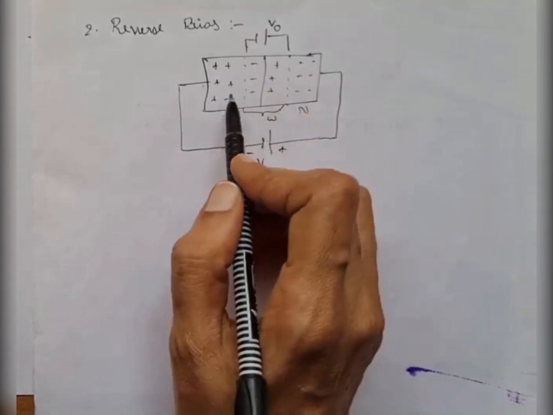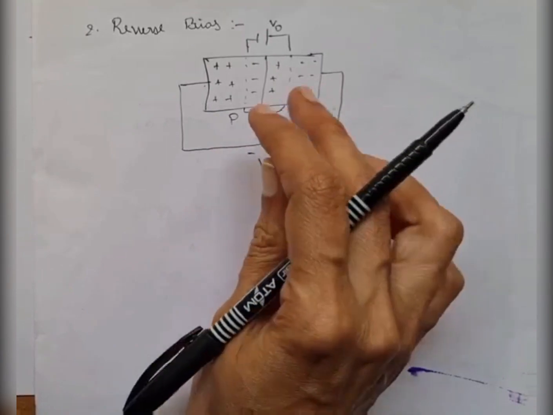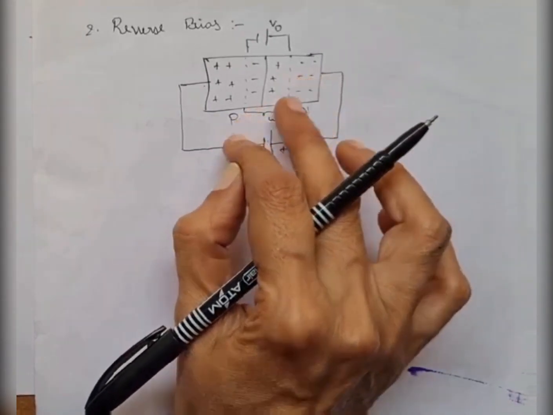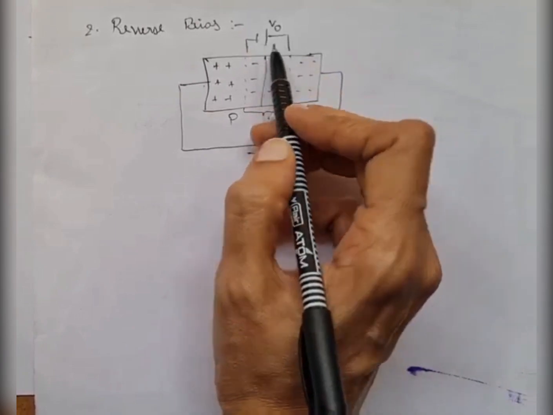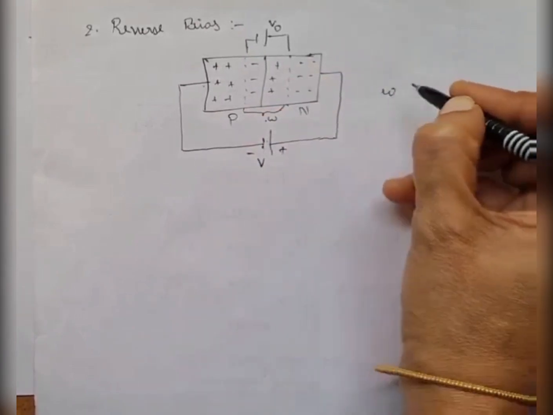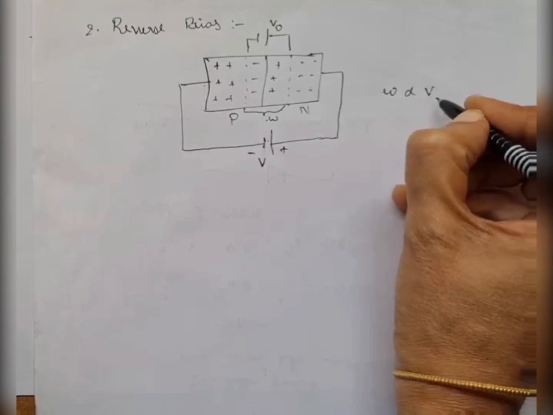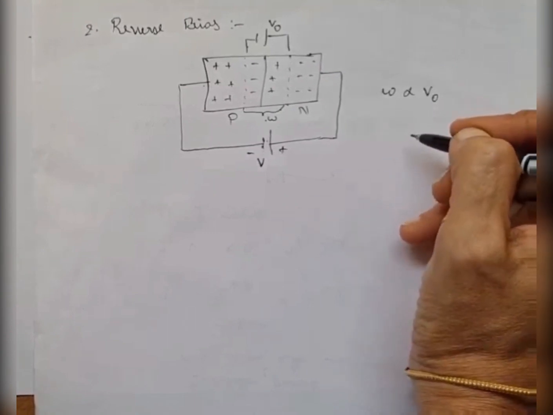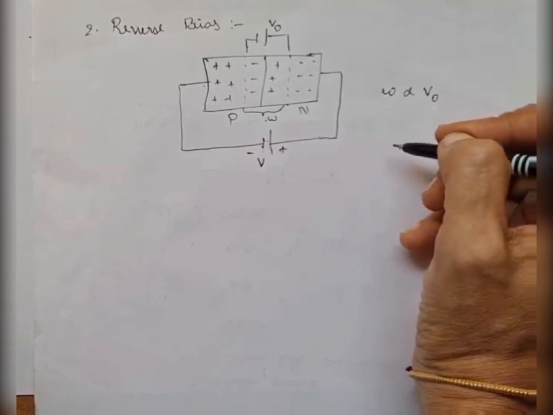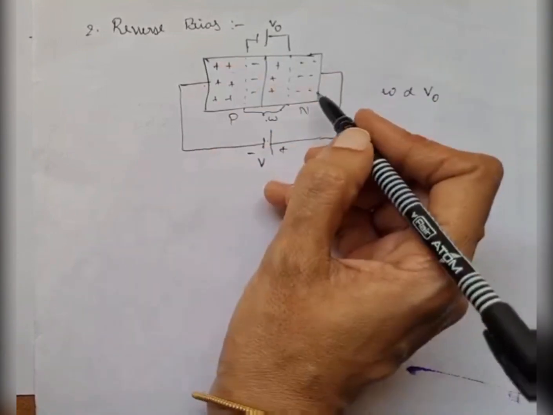The width is proportional to the potential barrier voltage. The result is that current does not flow in this reverse bias.